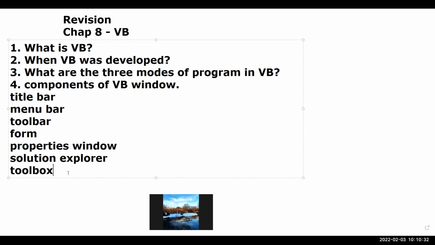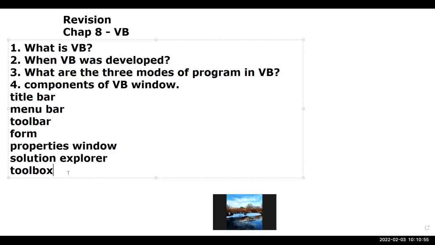Toolbox contains various controls such as command buttons, labels, buttons, radio buttons, check boxes, list boxes, combo boxes, shapes, drawing shapes, calendar control, whatever controls you need to place on a form. आपको form के ऊपर place करने के लिए जो भी control चाहिए, all the controls are available in the toolbox. You just have to click on the control and drag it on the form. That control will be placed on a form.